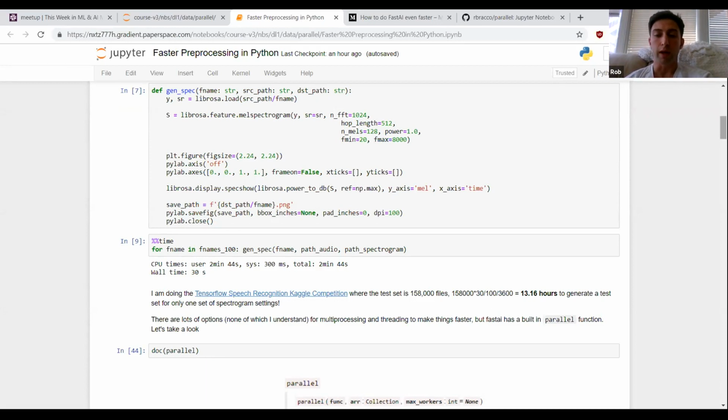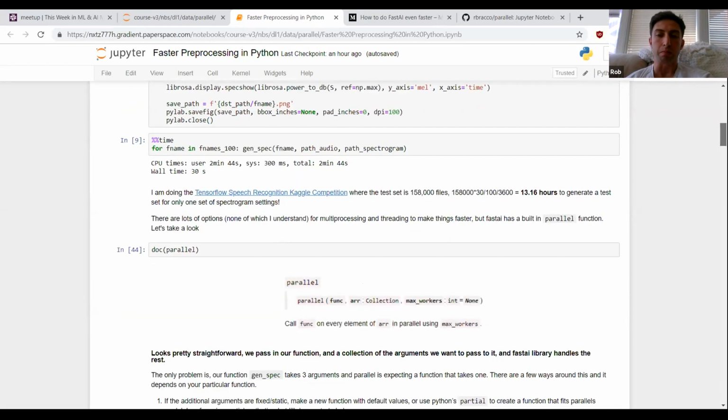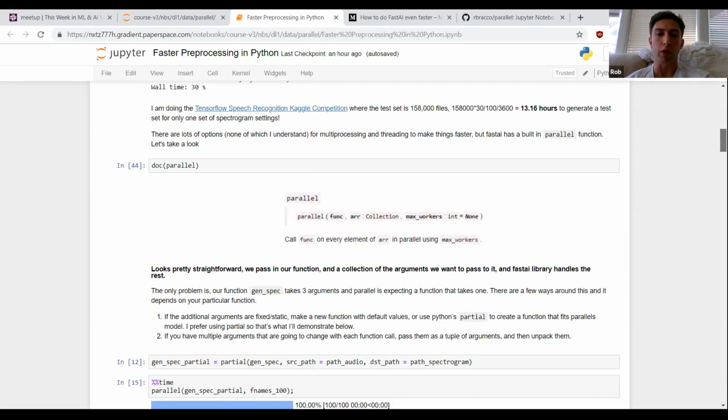So I went looking for answers, and I'm definitely not an expert coder. I haven't spent too much time in the Fast.ai code base, so I wasn't really comfortable with writing my own multi-processing and threading. It was pretty intimidating. But rewatching lecture 7 of part 1 with Jeremy, he mentions that Fast.ai has a built-in parallel function, which is really helpful.